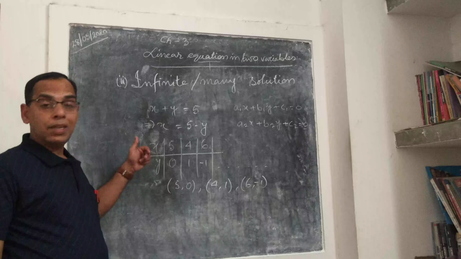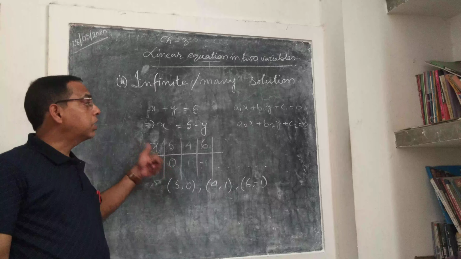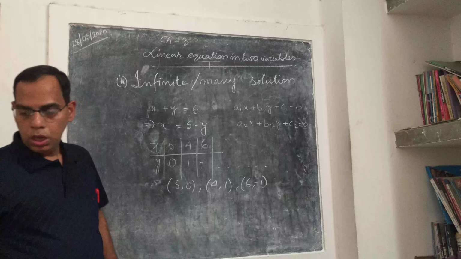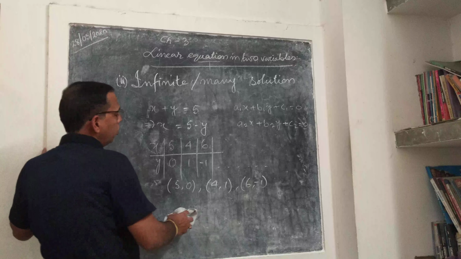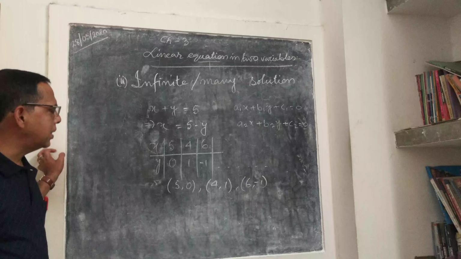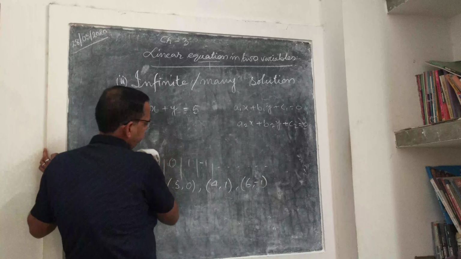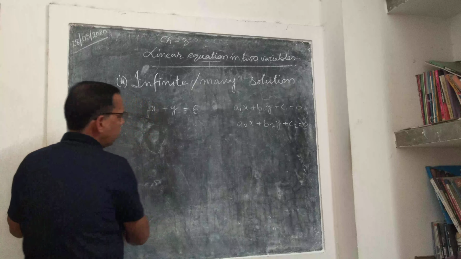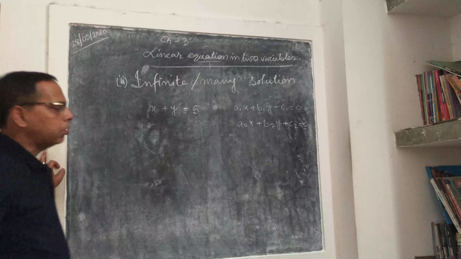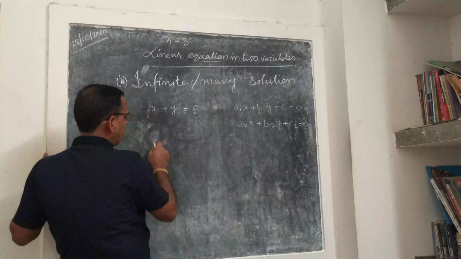But here there is a linear equation in two variables, so we have to justify with two equations. Now, if we have to justify with two equations, then what do you have to do? Then the condition is this. See, infinitely many solutions under what condition?